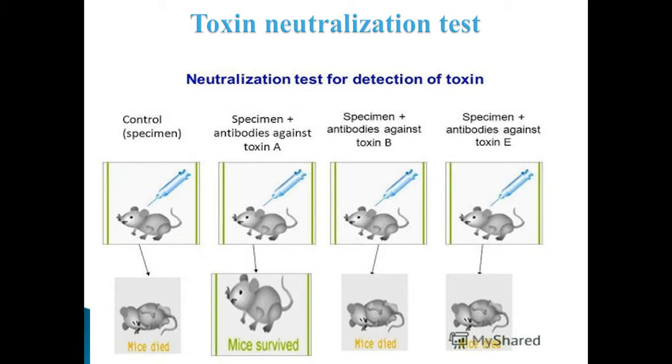Plaque inhibition test. This is a neutralization test done for bacteriophages. Toxin-antitoxin neutralization test. Examples include Schick test, the ASO test and Nagler's reaction. Schick test is a diphtheria toxin-antitoxin neutralization test.